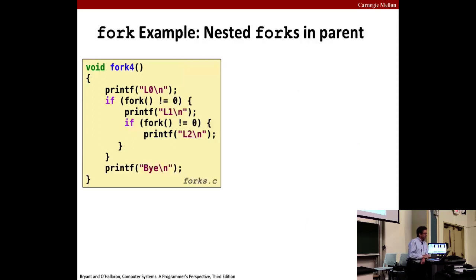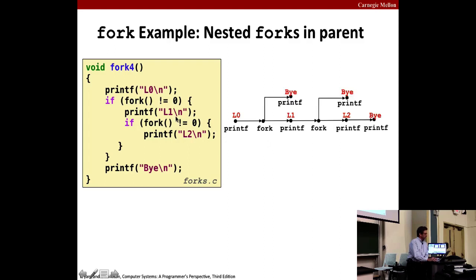Now, what happens if we nest forks in the parent? I'm not sure why you'd want to do this, except maybe to torture 213 students. But we can just work this out by drawing the process graph. So here we have the parent. It prints L0, and then it does a fork. So that creates a child.